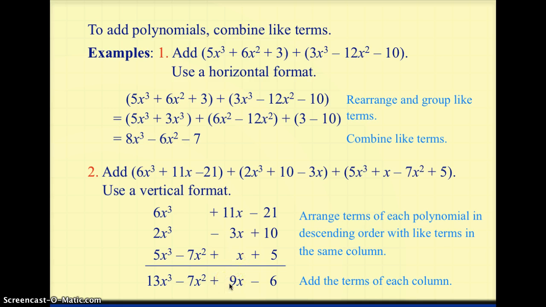You get a positive 9. Here you have negative 7. And this last column, you have a positive 6, positive 2, and positive 5, which is 13. So your final answer is 13x to the third minus 7x squared plus 9x minus 6. So once again, you can choose either the horizontal format or the vertical format, whichever is easiest for you.